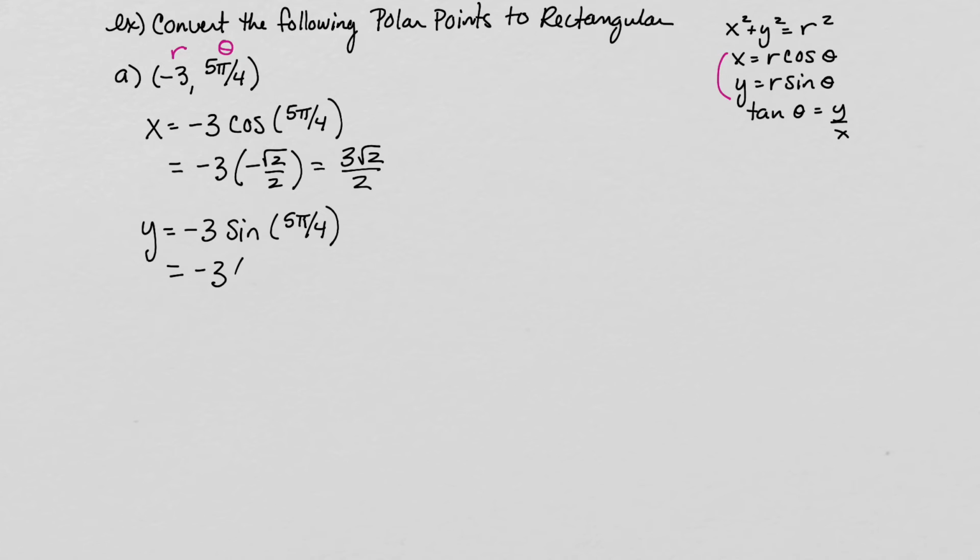Yep, it's also minus root 2 over 2. So this is also going to be 3 root 2 over 2. So our point is going to be 3 root 2 over 2, comma, 3 root 2 over 2. Questions?